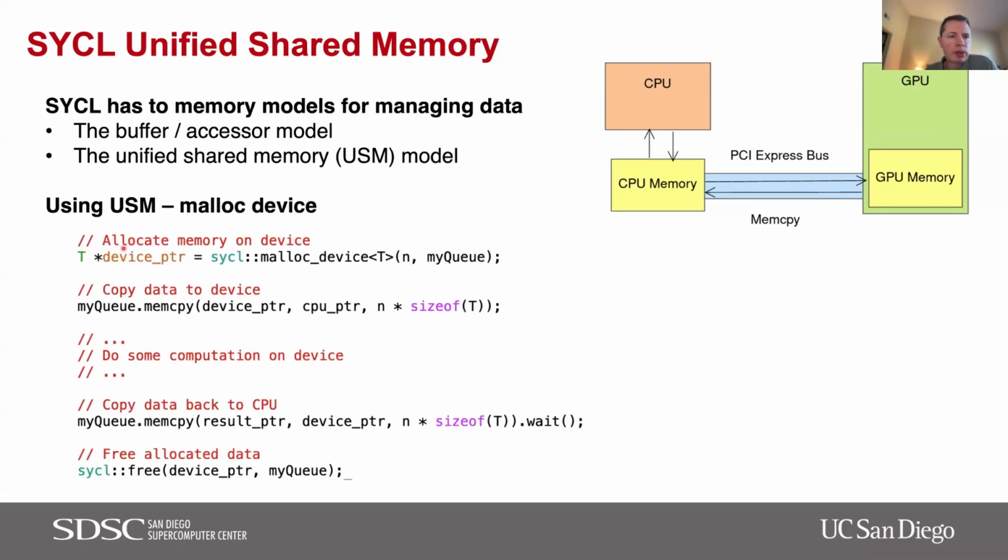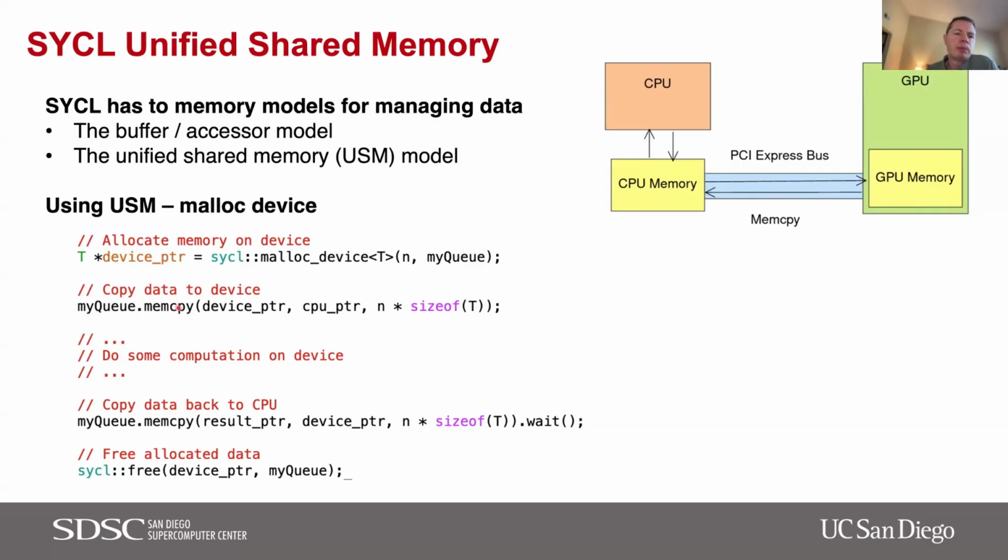The way this works is, we have this malloc device function, for instance, to allocate memory on the device. Then you'd have your queue, the queue in which you are launching your kernels, also your command groups.